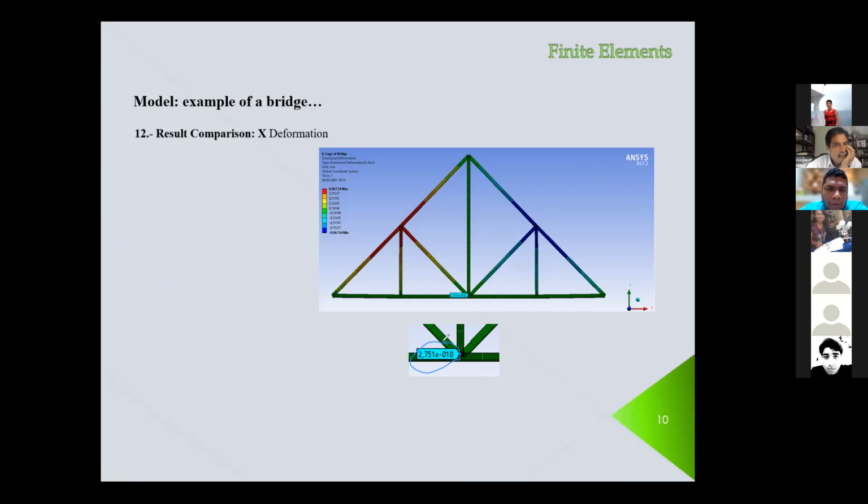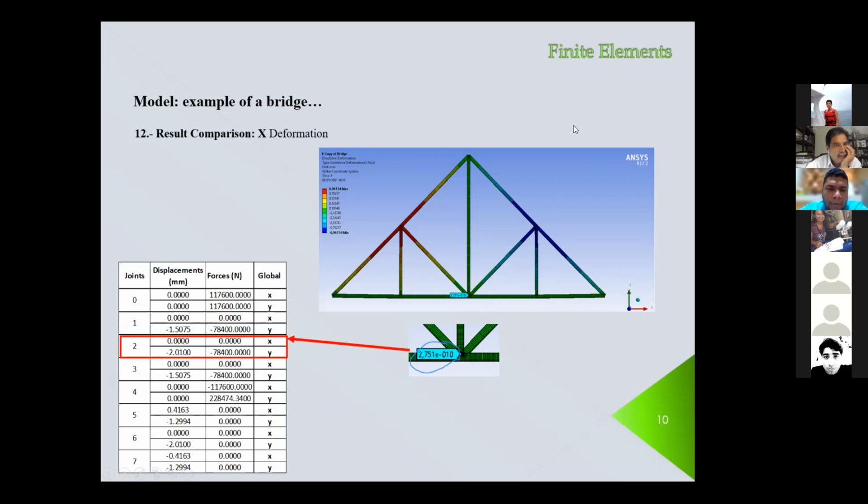So this value is compared to the results obtained by the Python program. You see that at this point, the displacement in the x-axis is equal to 0. So that makes sense.